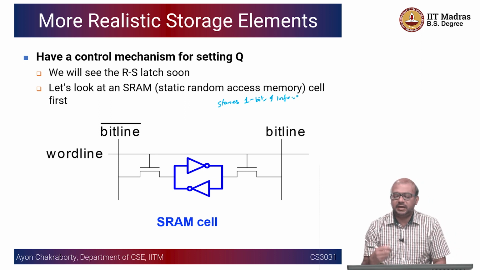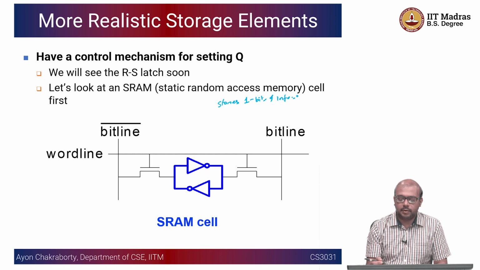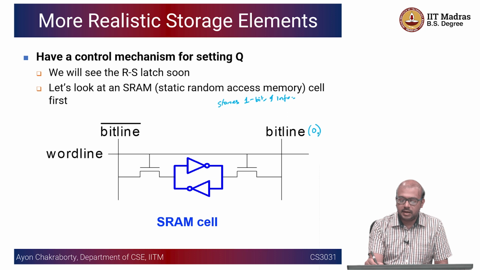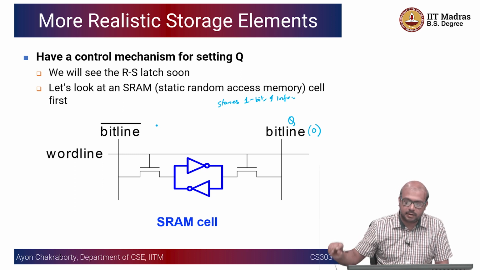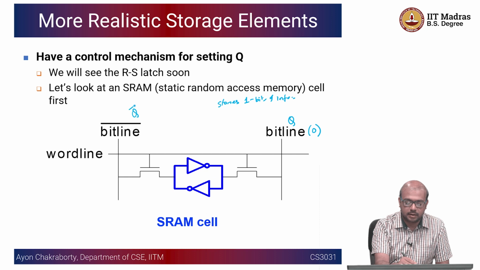The bit line could be 0 or 1, and so this could be 0. If this one is being treated as Q, just to make it analogous to the previous diagram, this is going to be bit line bar, which basically means it has to be Q bar. In that case it is going to be 1.